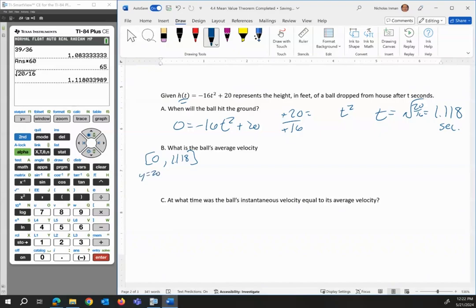If I plug in 1.118, I'm going to get 0. So the slope of the secant line would be the average velocity from when we start to when we finish. So our second y value minus our first y value over our second x value minus our first x value. So we wind up with negative 20 over 1.118.